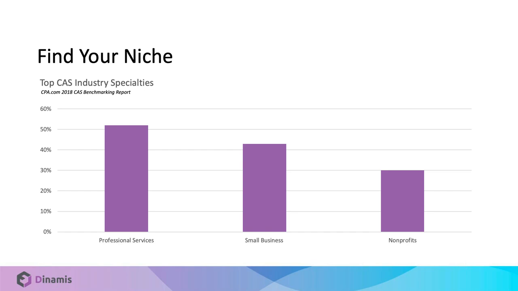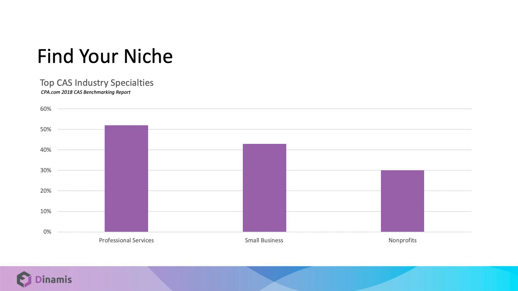And if that happens to be nonprofit or small and emerging businesses or veterinary practices or dental practices, pick that niche because your specialized knowledge in running a veterinary practice or a dental practice is going to serve both you and your clients well because of the expertise that you bring to the table.